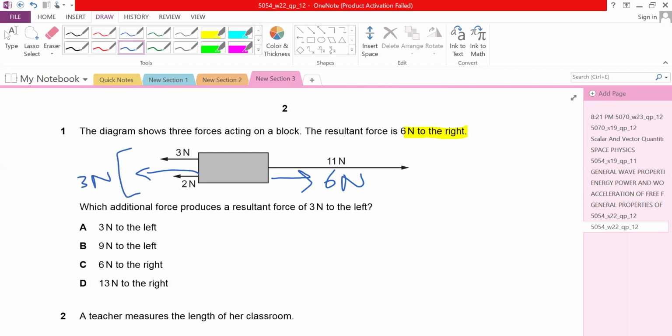So the force in total to the left would be 14 newtons. So 3 plus 2, which is 5 newtons, minus 14, which gives 9 newtons. So we need a force of 9 newtons towards the left, and the correct option for question number 1 is B.